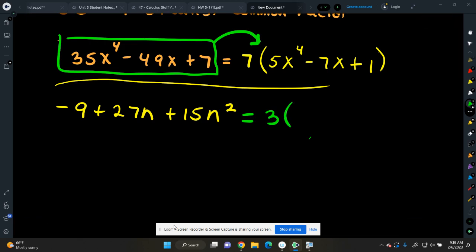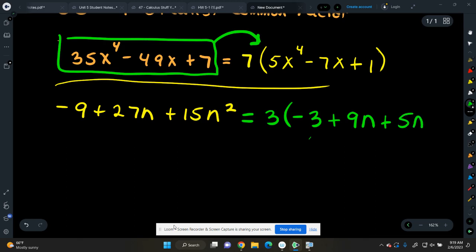So if I take a 3 out of negative 9, I'm left with negative 3, because negative 9 divided by 3 is negative 3. And it'll be plus, when I take a 3 out of 27, what are we left with? 9n plus 3 out of 15, 5n squared.